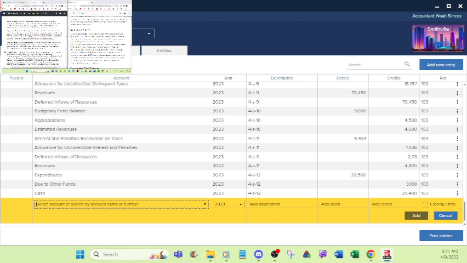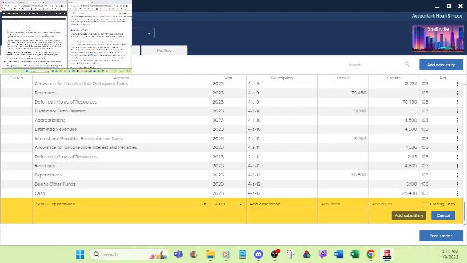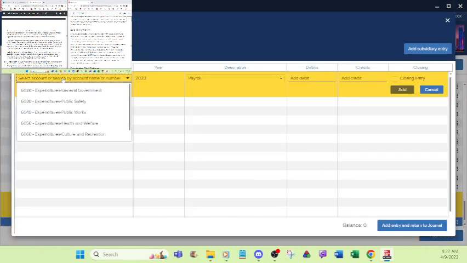Prepare the adjusting journal entries in the general fund journal to adjust the general government expenditures. And increased expenditures. Increase. Expenditure.